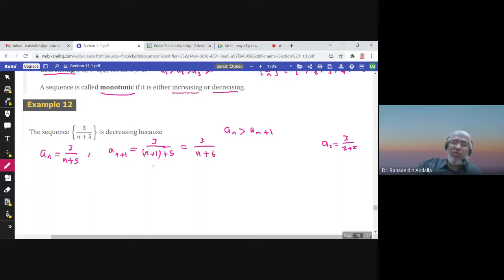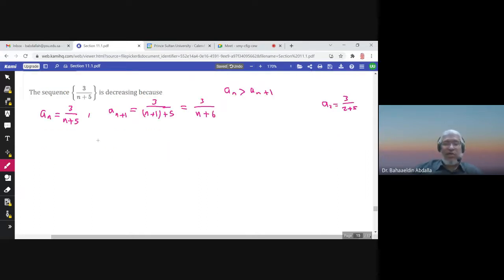So now I want to prove that an, which is this one, is greater than this one. I always start from the denominators. Look at the denominators. I have n plus 5 and n plus 6. Which is larger? Of course, n plus 5 is less than n plus 6.